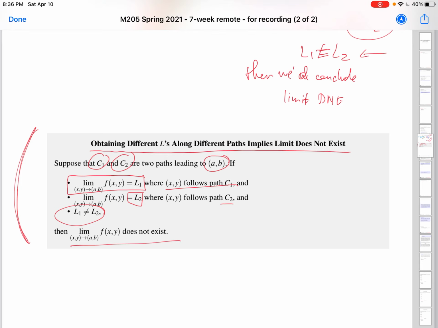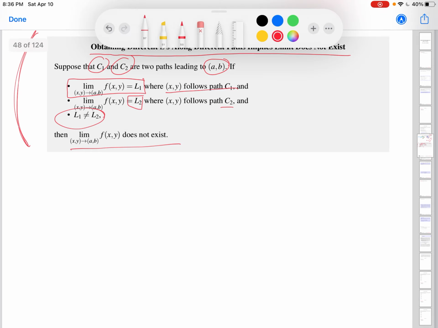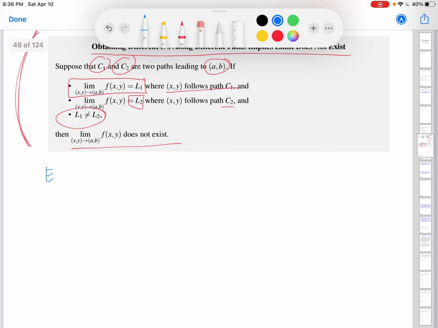What I want to do is give you a very quick example and then show you graphically how this works, and then walk through an example that is analytical, so without the aid of a graph, at least at the beginning. Let's consider the example: the limit as (x, y) goes to (0, 0) of the function (x squared minus y squared) over (x squared plus y squared).